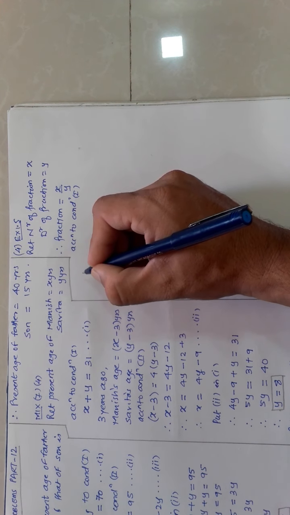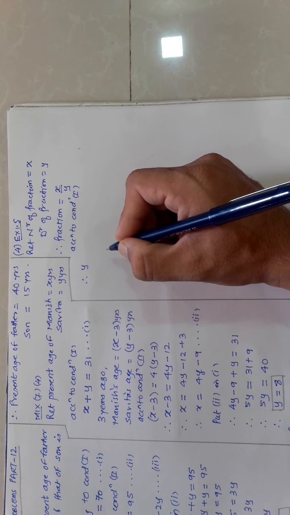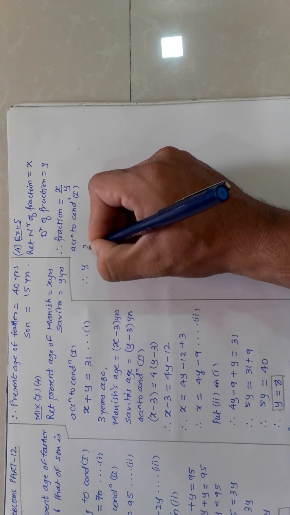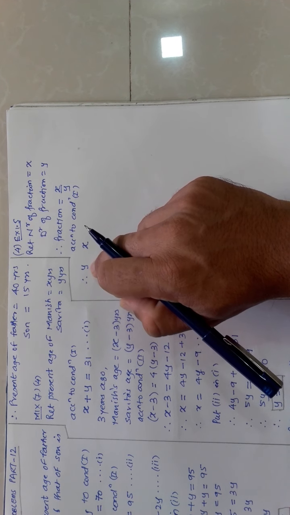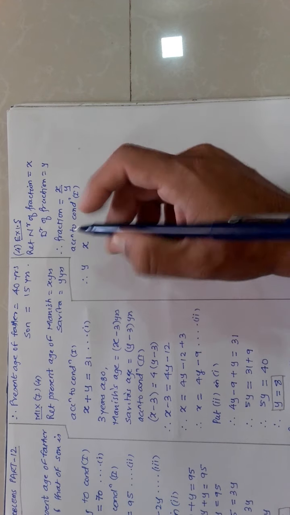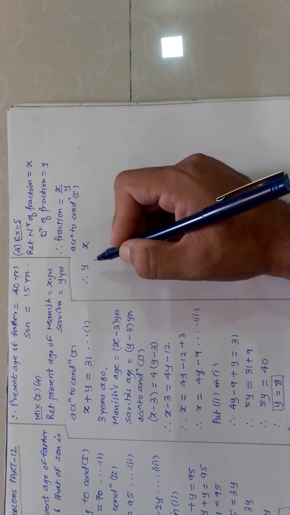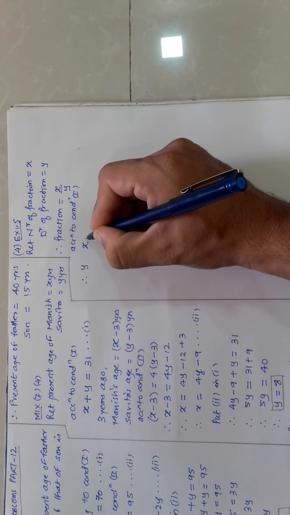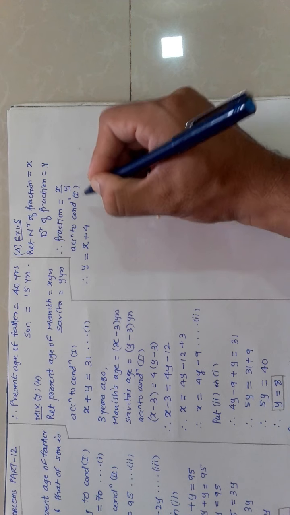The denominator is y. This is more than whom? Than the second party, that is numerator. So this is more and this is less. So right now there cannot be equality between them. But if I add 4 in the smaller one, then they will become equal.